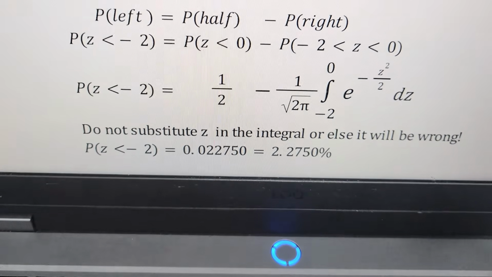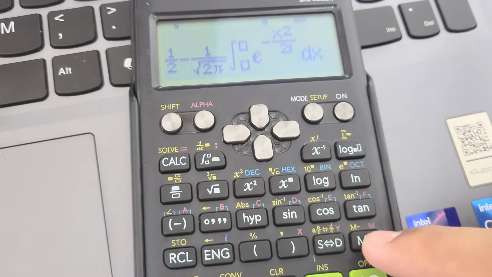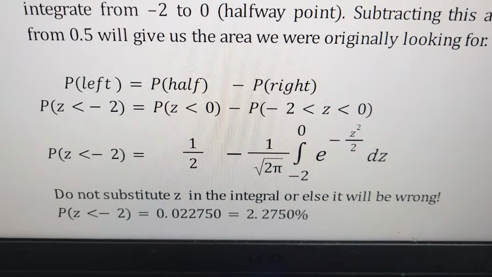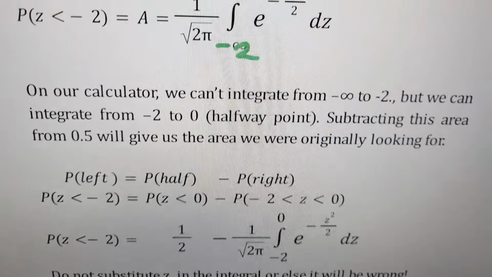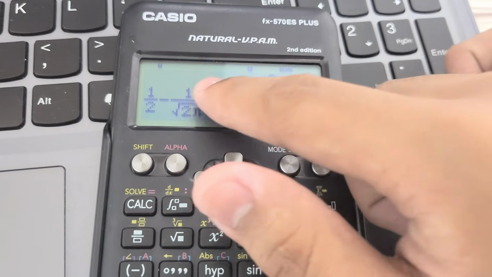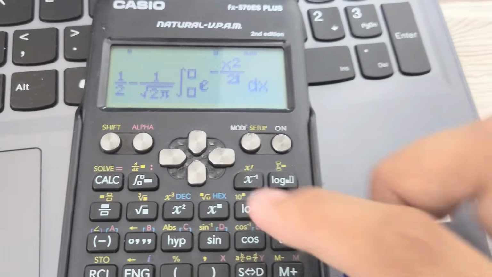Do not substitute z in the integral or else it will be wrong. There's no z on this calculator, but if you try to put any other letter or perhaps the number itself, that z is equal to -2, it will be wrong, because there is already a dx here and you are already integrating on these bounds.